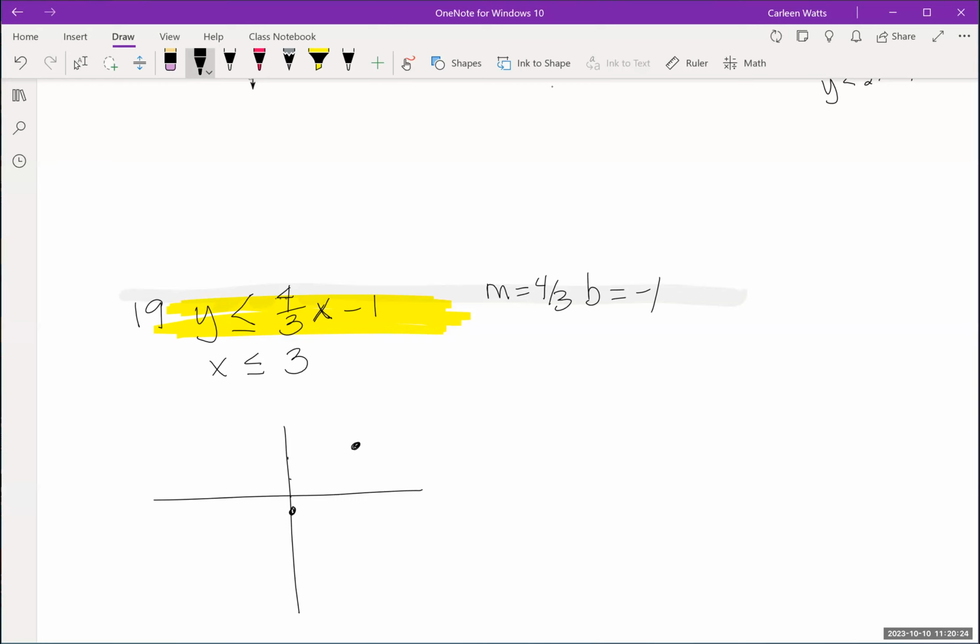It's really not ideal without a nice graph. Solid line. And down.